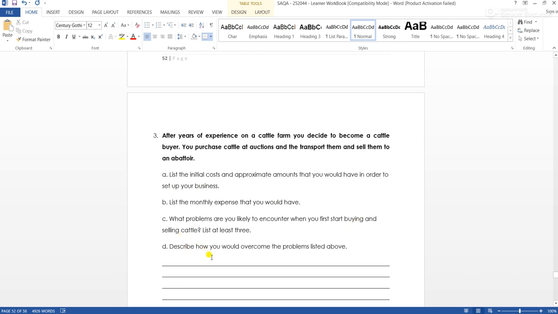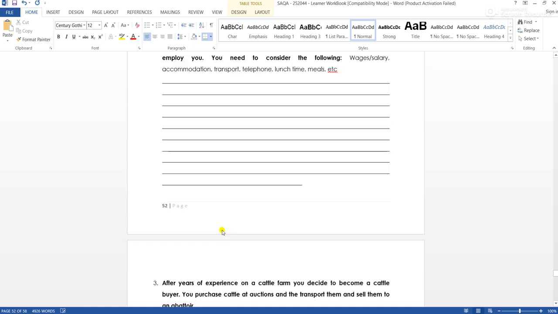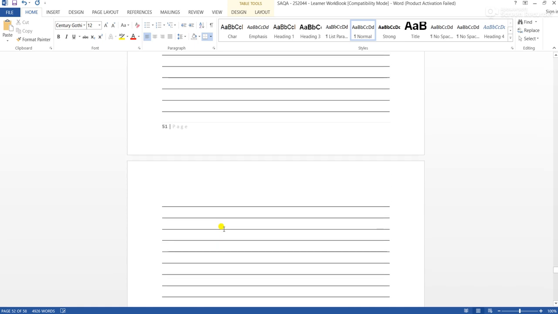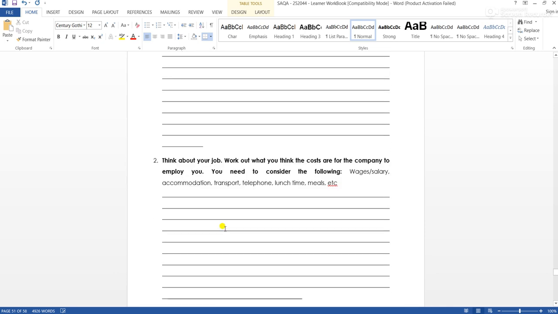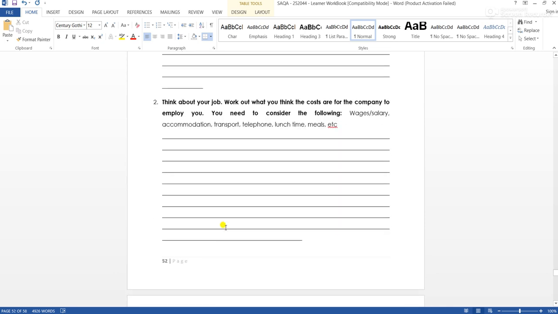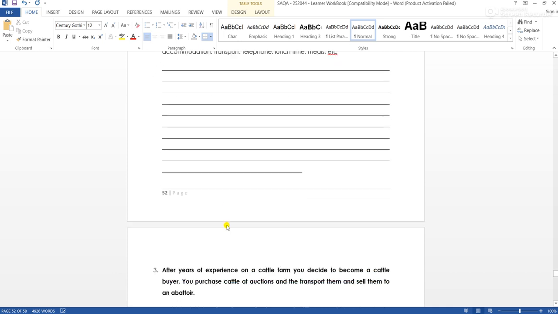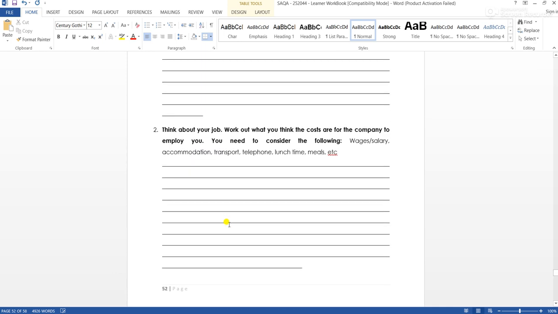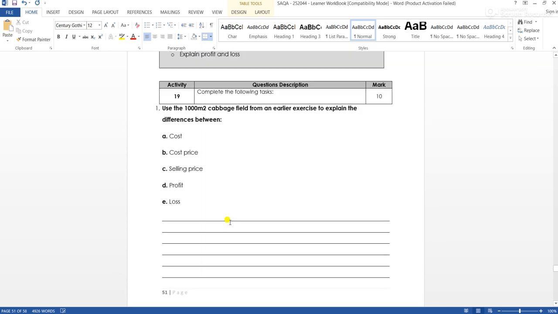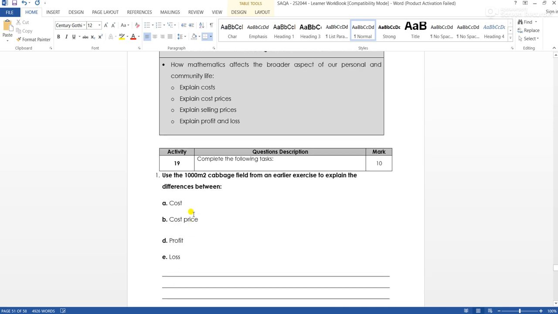And lastly, you need to describe how you would overcome the problems listed above. So this is very simple. You just have to follow what you need to do in terms of answering the questions given a scenario. So you have to use the example from the earlier exercise given.